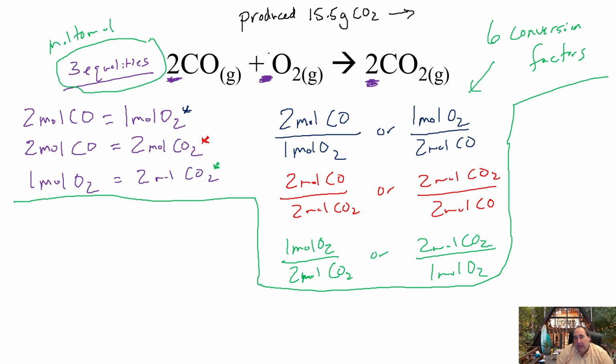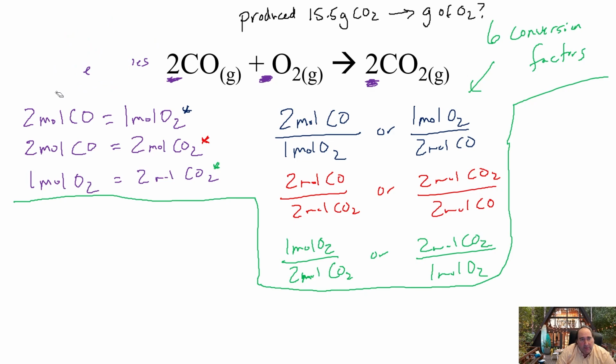And we wanted to know how many grams of O2 did we start with. So if we were to do this type of problem, this little example here, we've already established all of our conversion factors and mole-to-mole relationships that we could get from the equation. So we want to also think about those 4 steps that we talked about. And those 4 steps, again, let's just erase a little bit of this here, just get a little bit more room.